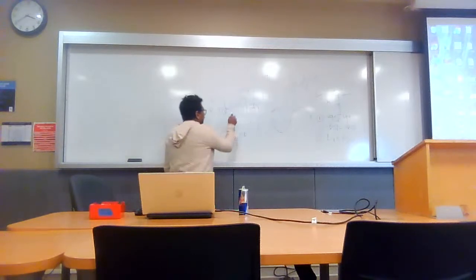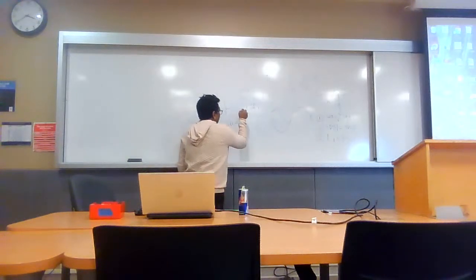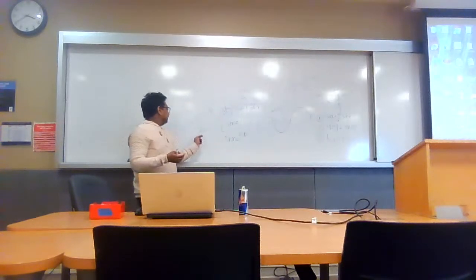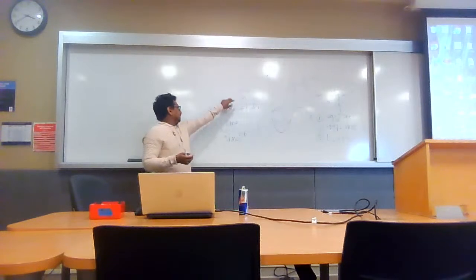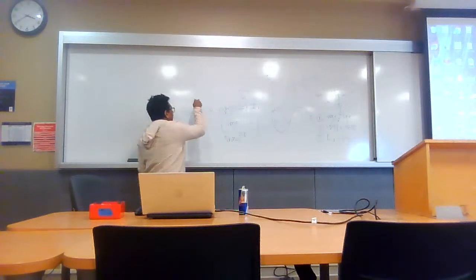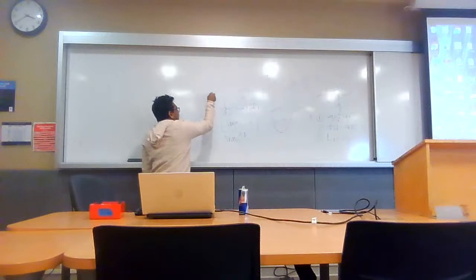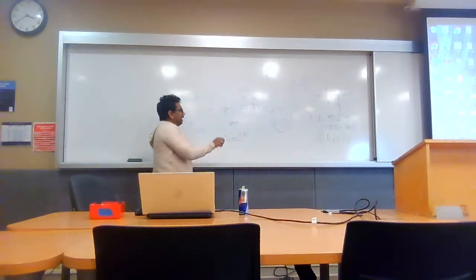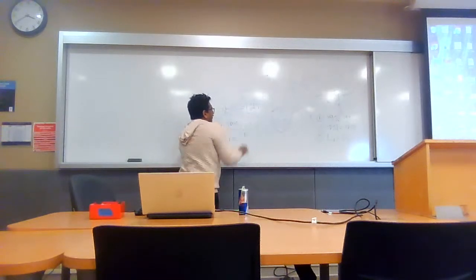In this situation, some electrons accumulate. And whenever VDS is greater than or equal to VGS minus VTH, then there is a channel, and electrons are flowing from here to here.